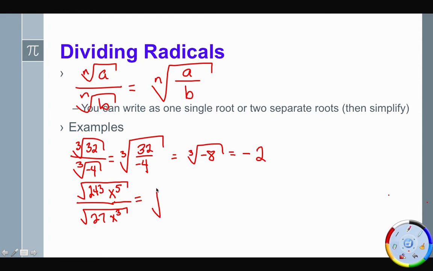We're going to look at this as a single square root of 243x to the 5th over 27x to the 3rd.